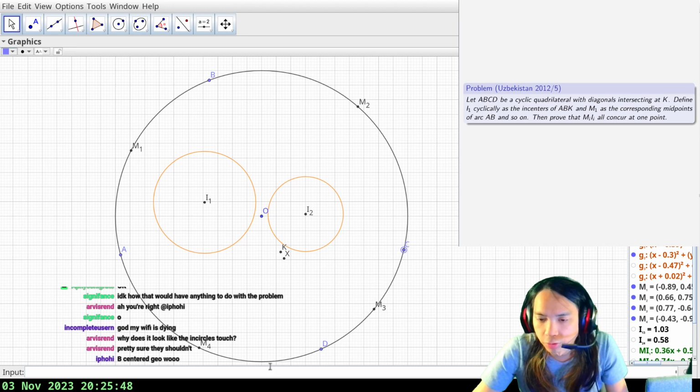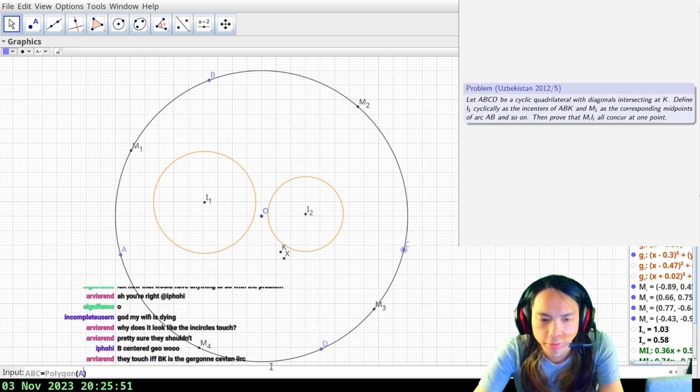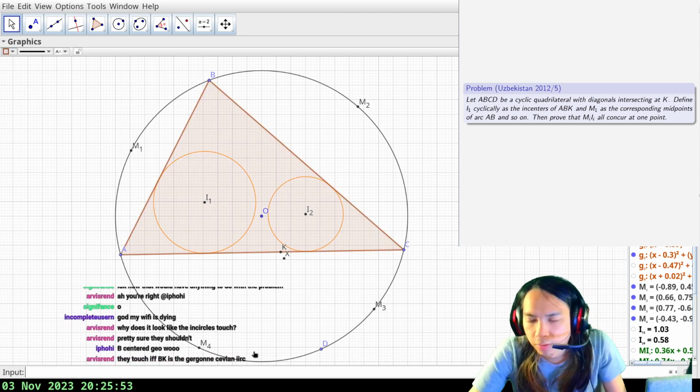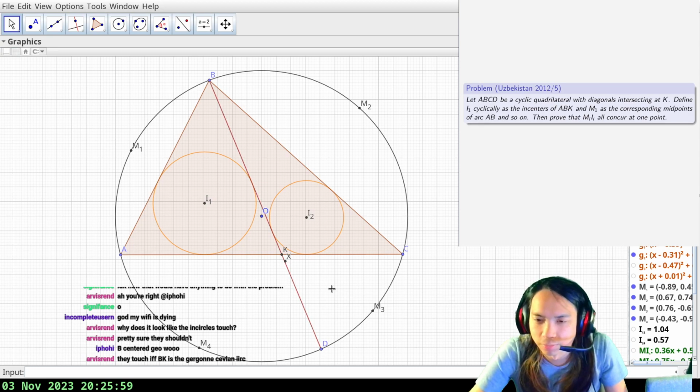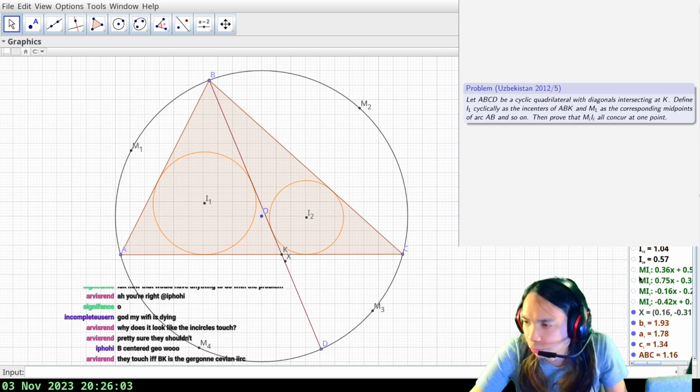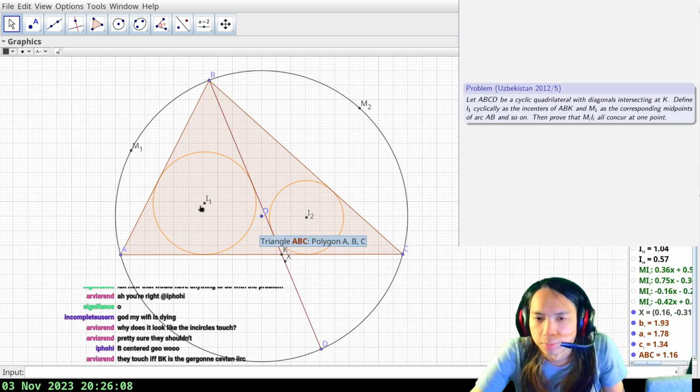Okay, so in the new picture, ABC is the polygon ABC. And we don't really care about D at all. I mean, so I'll draw in BD, I guess, but it doesn't really matter. And then M1 is this arc midpoint, M2 is the other arc midpoint. We don't care about M3 or M4. That's I1.